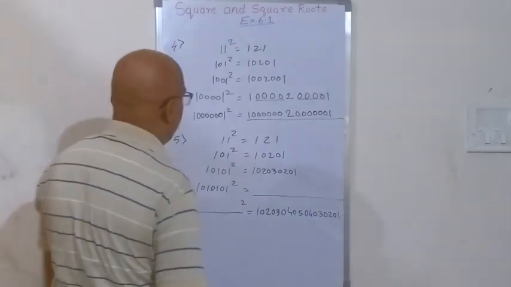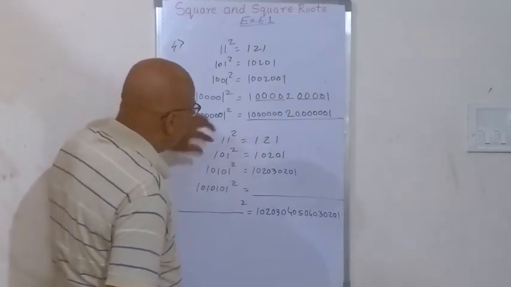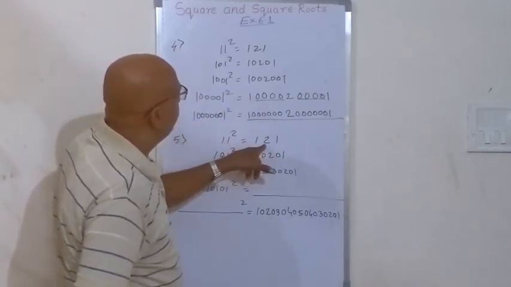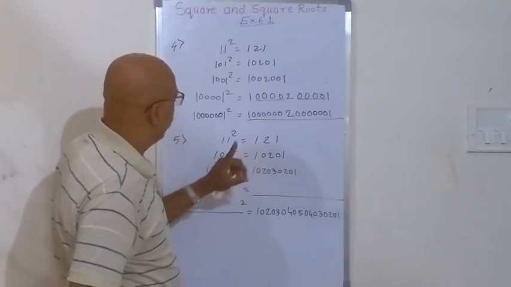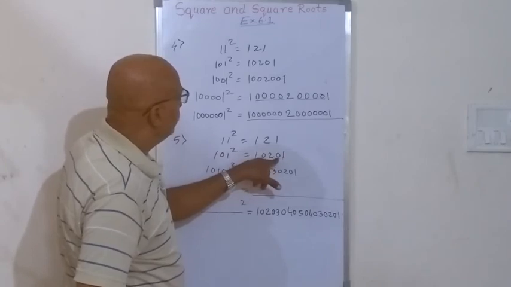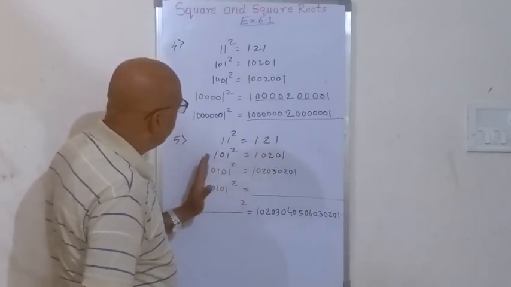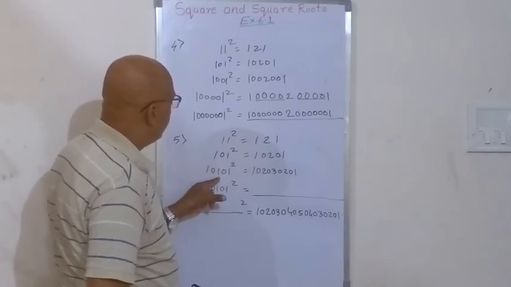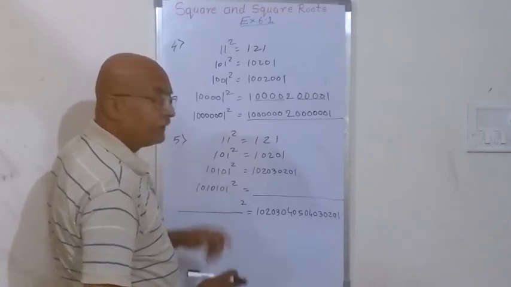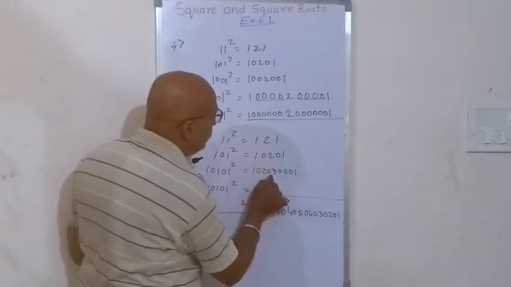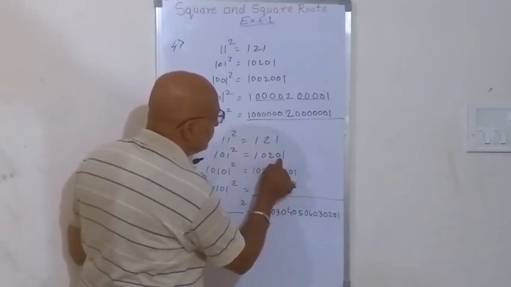See here, very smartly we have to work here. Now here in between 1 there is no 0, so here only 2 is there. Here 1 0 is there. Now here the pattern is changing. It is 10101. So what will be here? 1 0 2 0 1 0 2 0 is there.